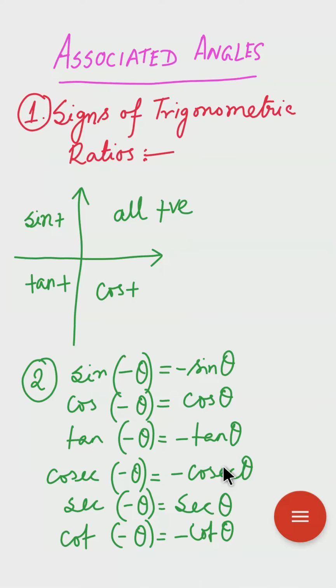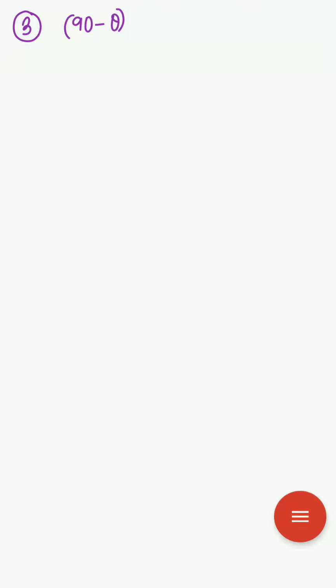Now let's move on to the third topic. Now we are going to find the trigonometric ratios of 90 degree minus theta, where theta is an acute angle.